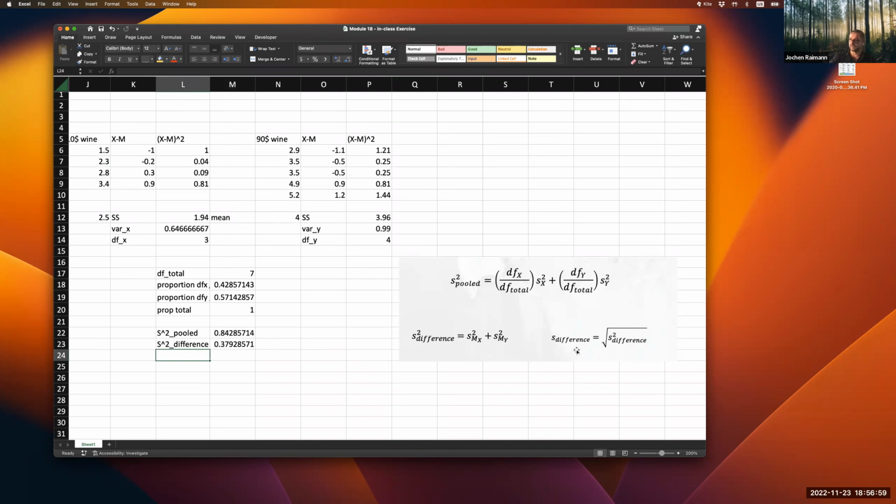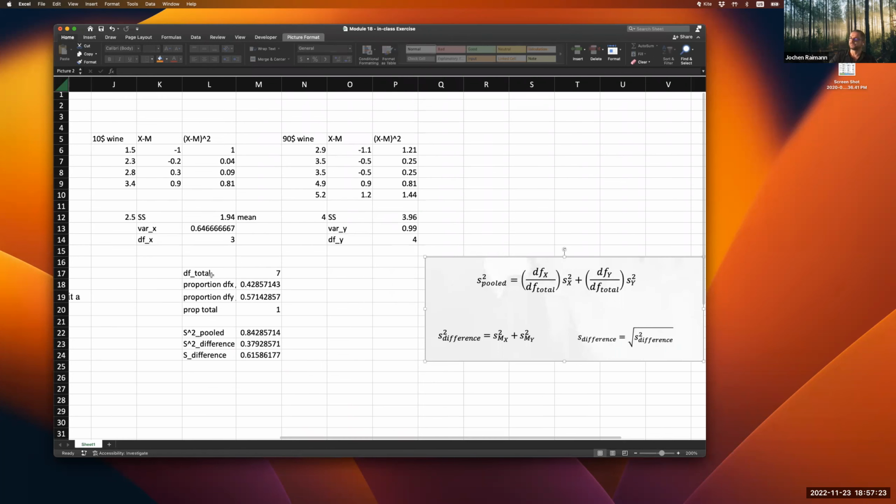And this is our standard error of the mean. So this essentially is now S difference, which is the SQRT of exactly this value. So that gets us to 0.616. So that's our standard difference. So this is how we're getting there.